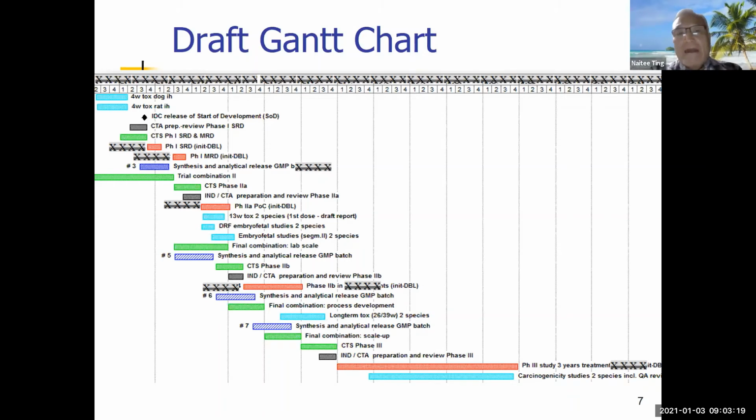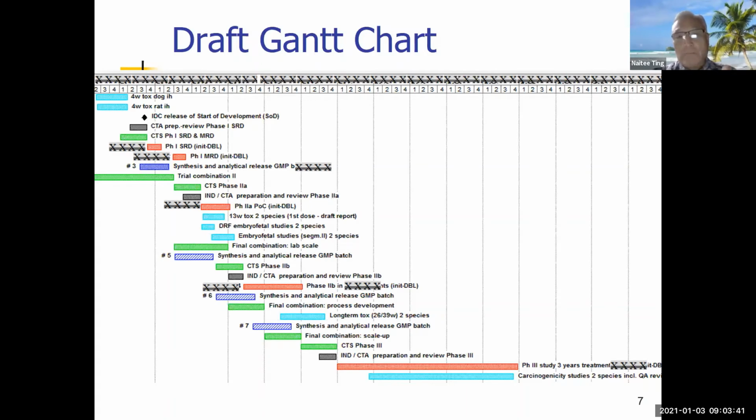After this, I call it a drug candidate, whether it's a compound or a biologic. After this, the candidate enters SOD, start of development. Now, this is a stage of understanding this new drug candidate.